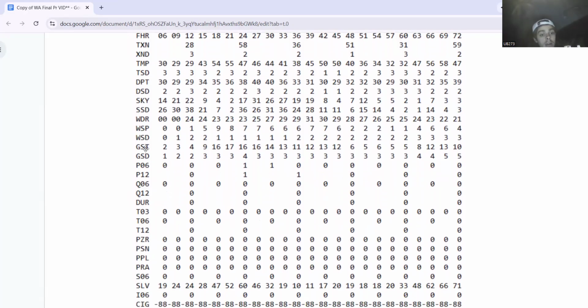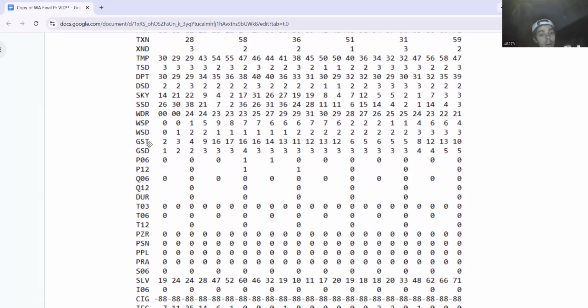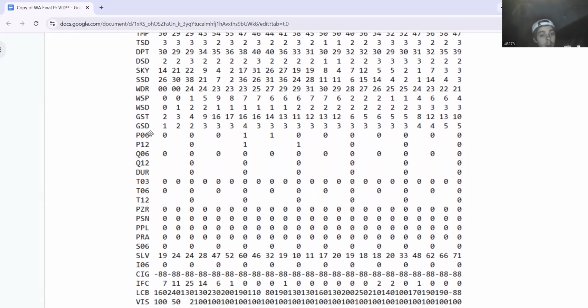Wind standard deviation, wind gust, gust standard deviation, 6 hour precipitation amount, in hundredths of inches, and it's very low, very low.